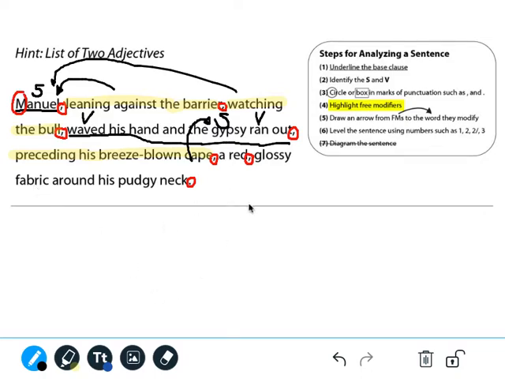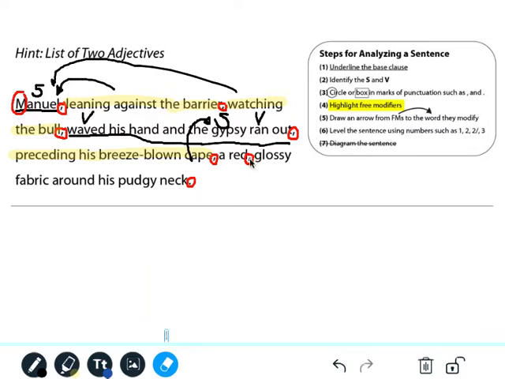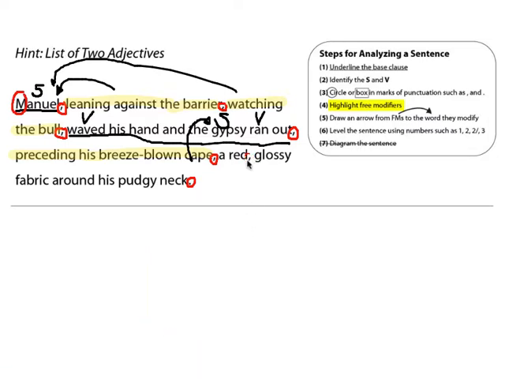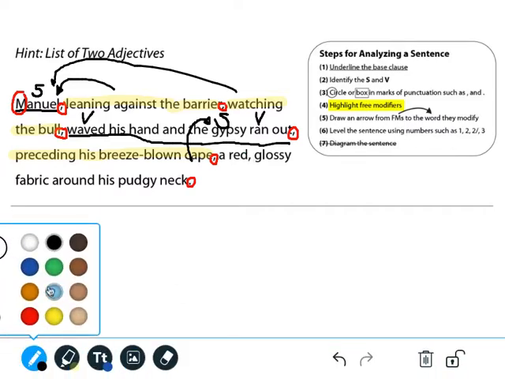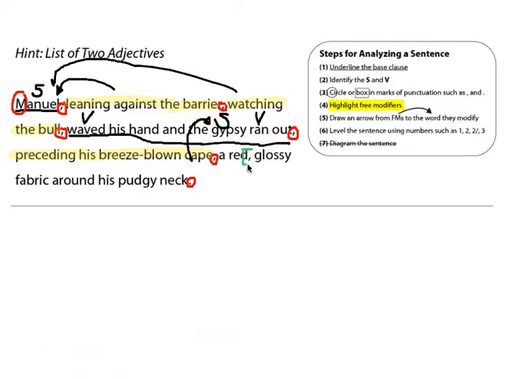All in all, the whole free modifier modifies the cape, but "a red, glossy fabric" means that something has changed, and it's this comma right here. I know you can't always do this, but in Nearpod Draughts you can do it. And in this case, this comma right here is functioning differently.